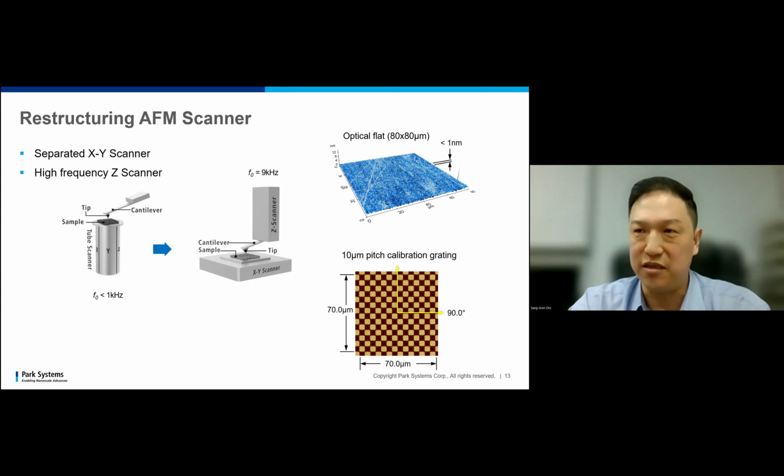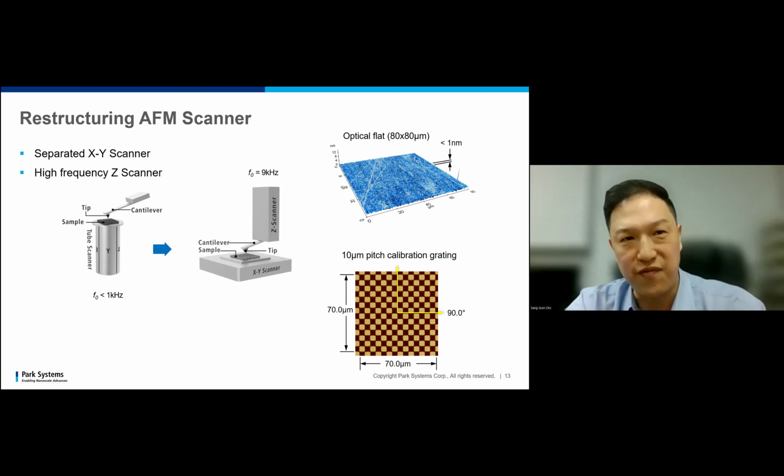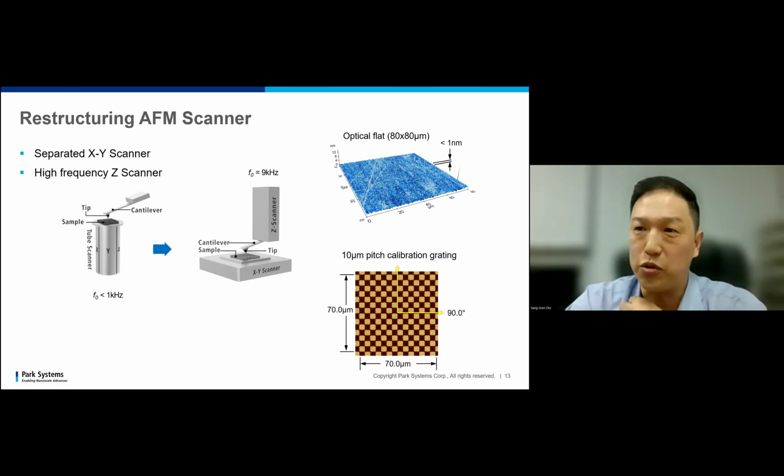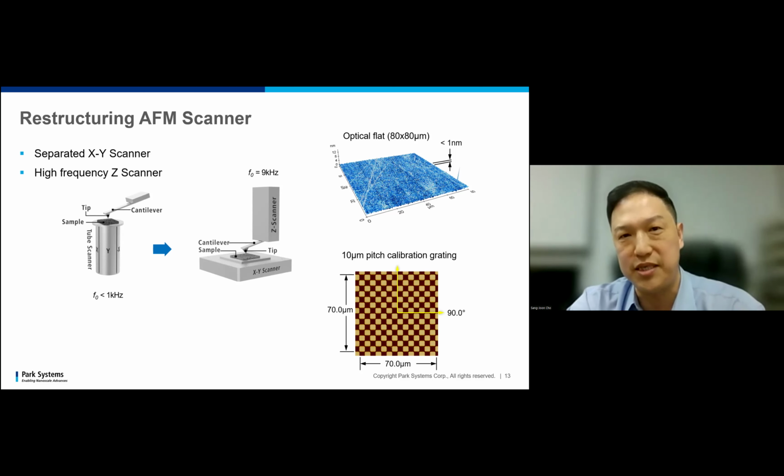So we redesigned the AFM scanner. We separated the XY scanner and the Z scanner, and this XY scanner makes a very flat scan. When we imaged an optical flat, the background curvature was less than 1 nanometer across an 80 micron scan. This closed loop XY scanner also has excellent linearity and orthogonality, and the flat XY scanner provides distortion-free images.